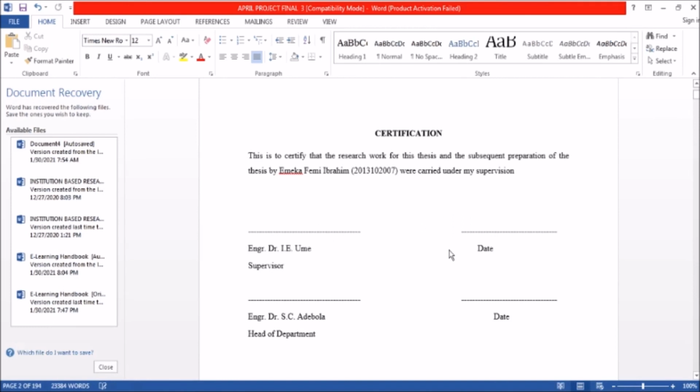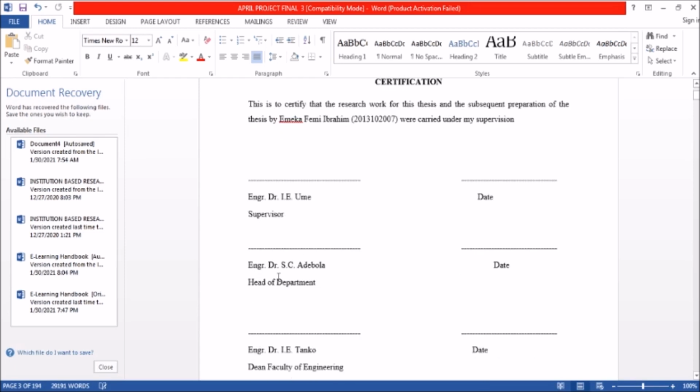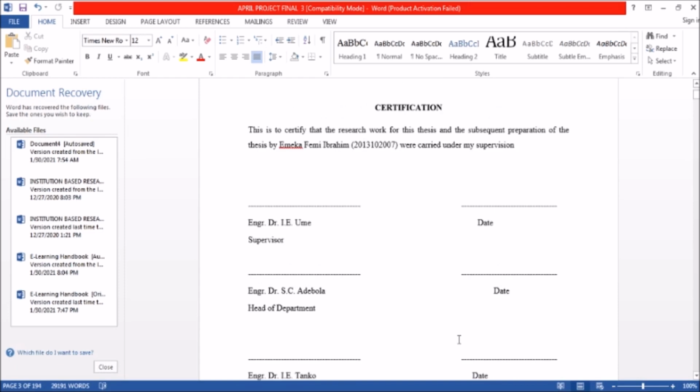Like here, you can see: this is to certify that the research work of this thesis and the subsequent preparation of the thesis by Emeka Femi Ibrahim, the candidate or the researcher, with the registration number which you can see here, were carried out under my supervision. So these signatories we have here are certifying that this project was truly conducted under their supervision and under their guidance.